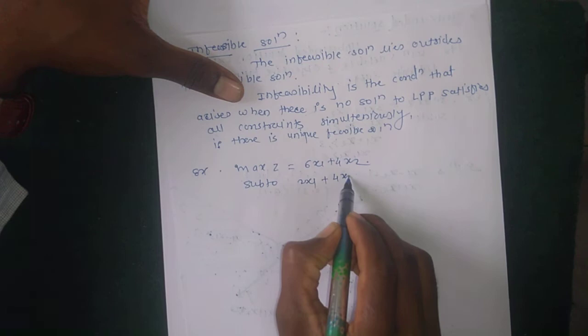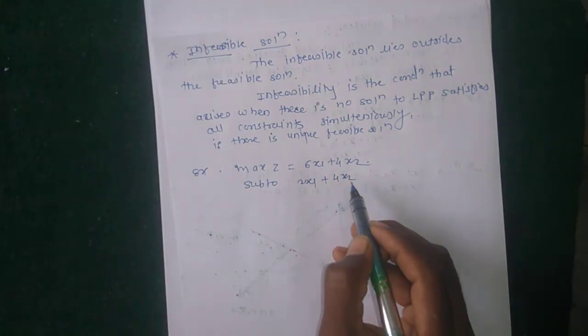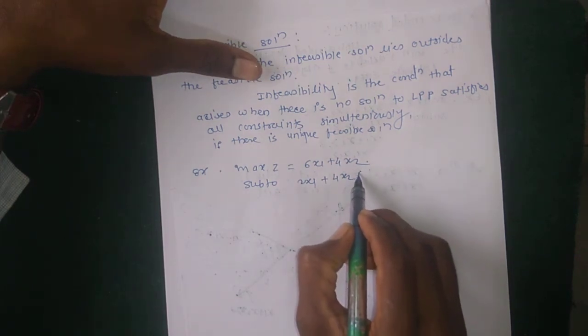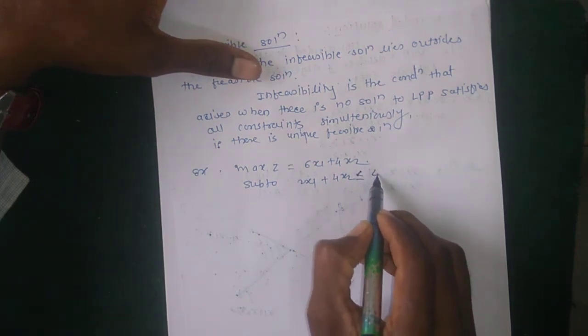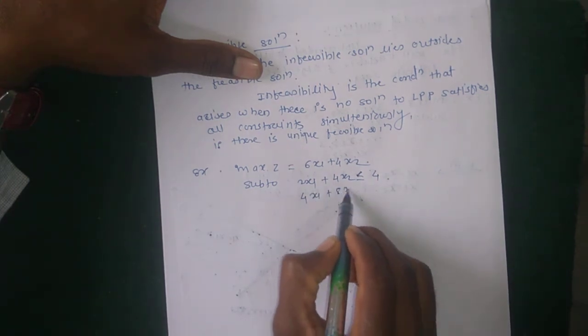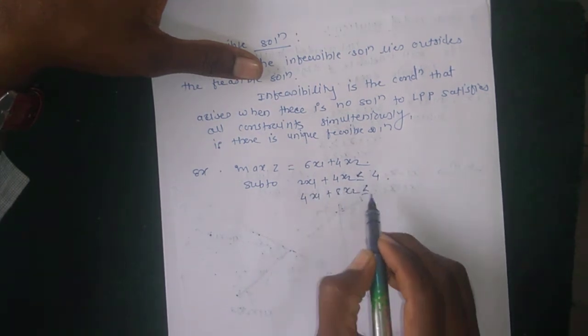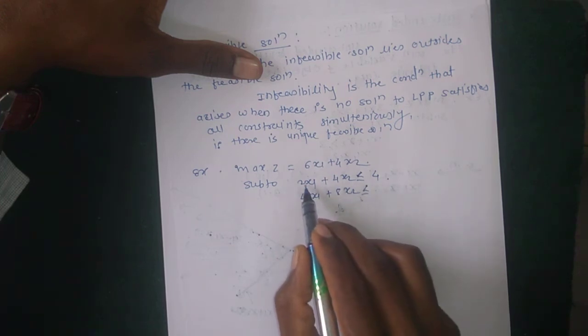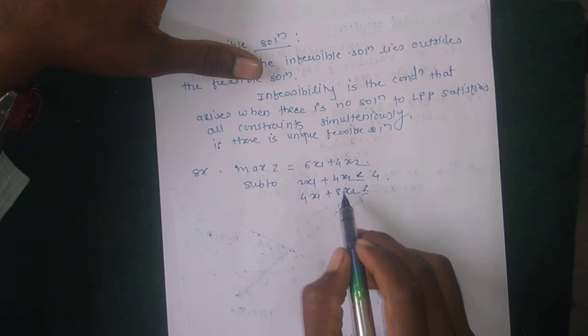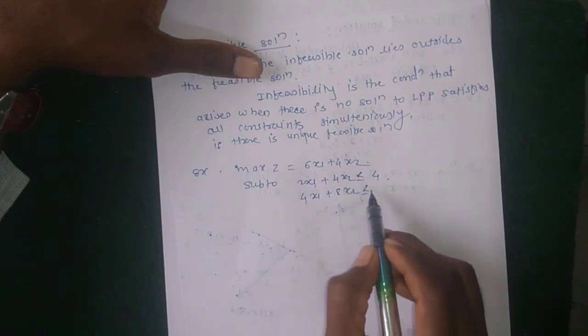Subject to 2x1 plus 4x2 is less than or equal to 4, and another line is 4x1 plus 8x2. These two lines are parallel because the coefficients are multiples of each other.